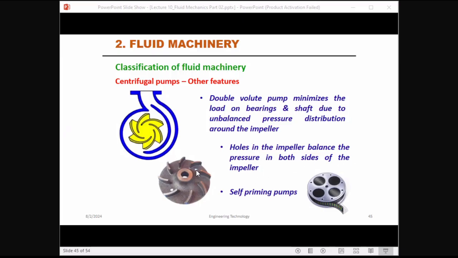Here you can see two holes at the top of the impeller.